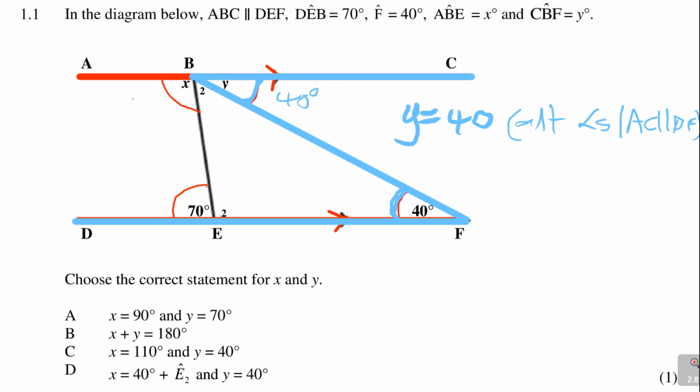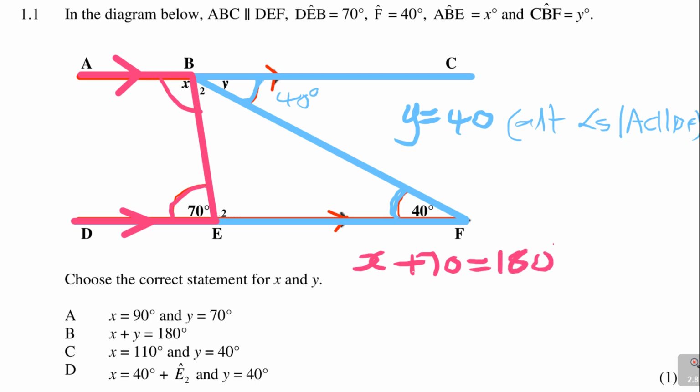Are you with me? And then at the same time, let's focus on this angle here, like this one and this one. Remember, these are still parallel lines. And what we call 70 degrees and X, we call them co-interior angles. What we know about co-interior angles is that they are supplementary. So if you take X plus 70, it must give us 180 degrees.